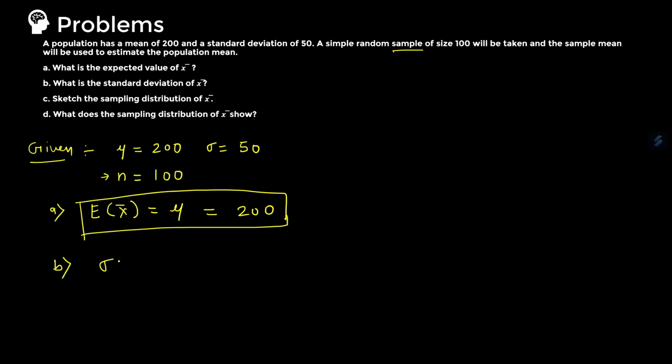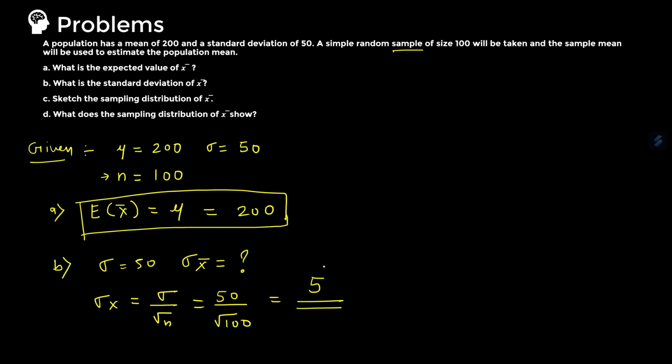We have standard deviation as 50, but we need the standard deviation of x bar, or the different word for this, standard error. So sigma x bar is equal to sigma by root n. This is the formula to calculate the standard deviation of x bar. We have standard deviation as 50 and our sample as 100, so this will give us the answer.